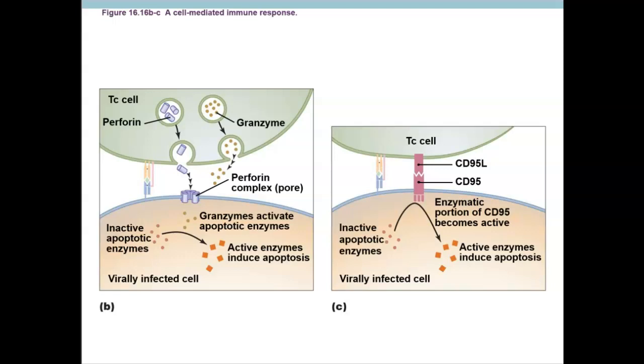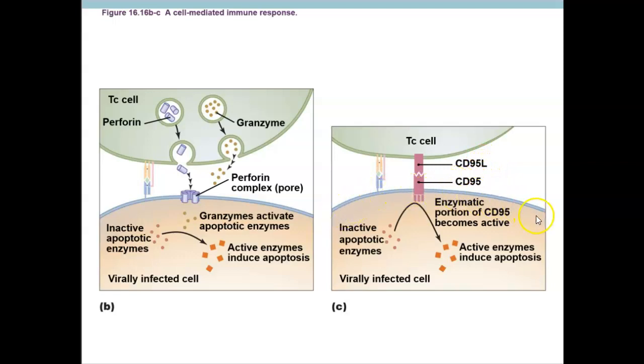Another mechanism that cytotoxic T cells sometimes use achieves the same goal, but in a different way. So again, it relies on first having this interaction here with the MHC and the epitope being presented, triggering this T cell. And then the T cell will bring over CD95L, that's L for ligand.